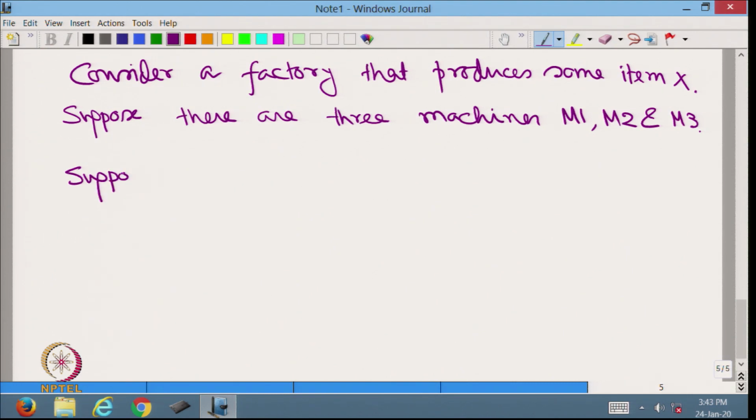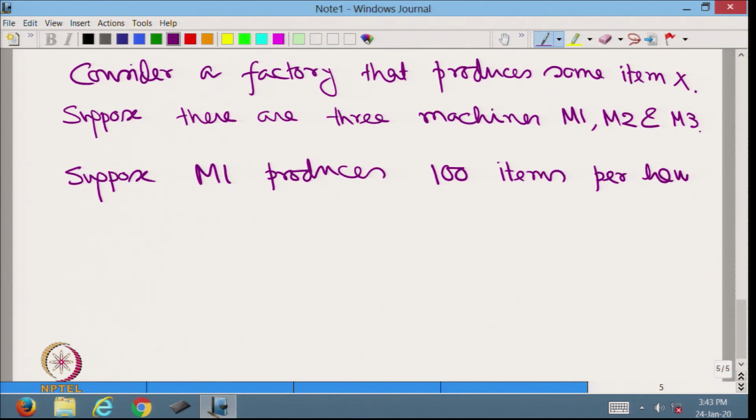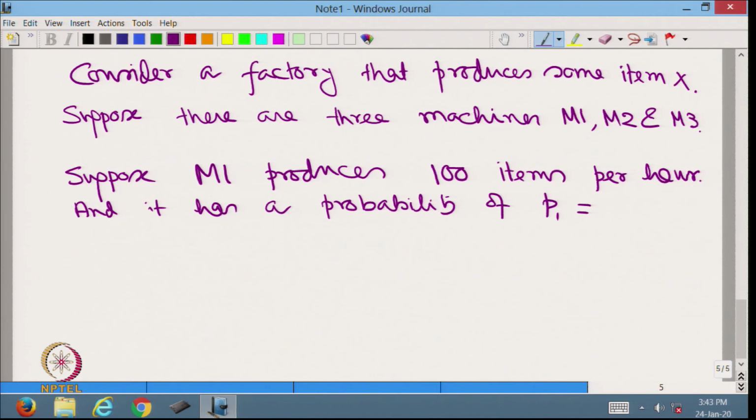Suppose M1 produces 100 items per hour and it has a probability P1, say equal to 0.01, that the item produced is defective.